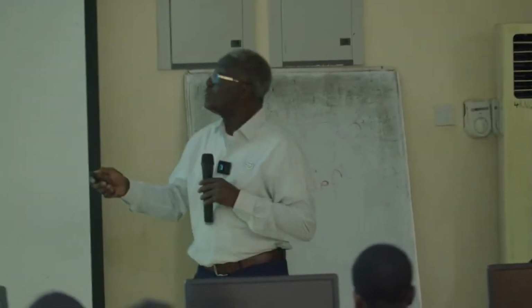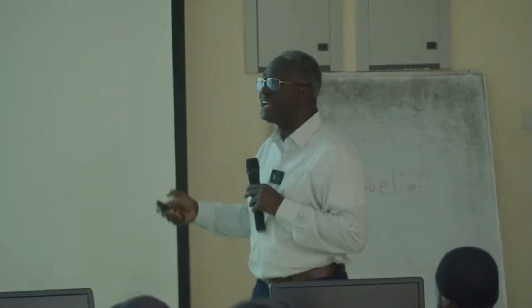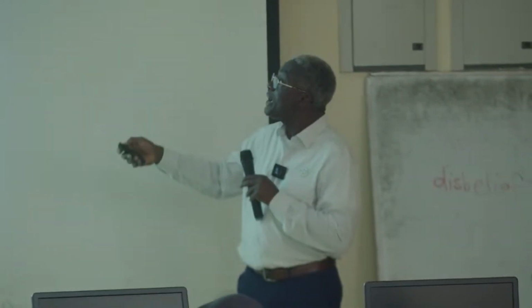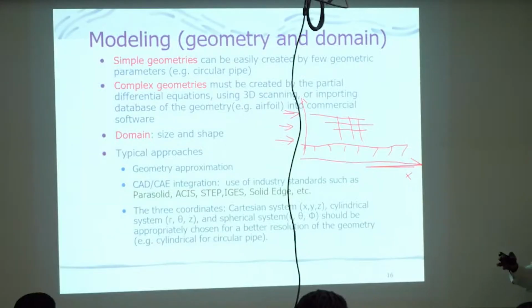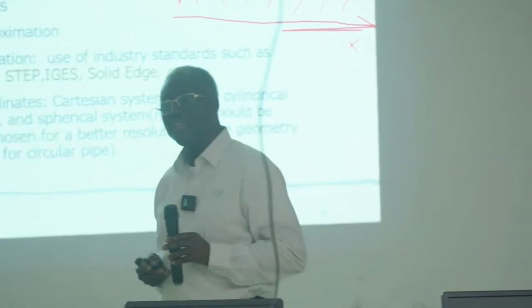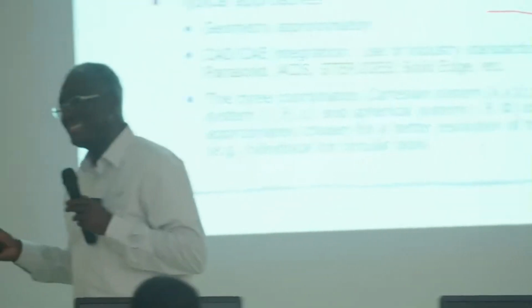But now, thanks to technology, we can use a 3D scanner to scan the object and then import it into a commercial software, instead of you, the engineer, using your drafting techniques to draft it. That is why, at least in the US, we've stopped teaching drafting.